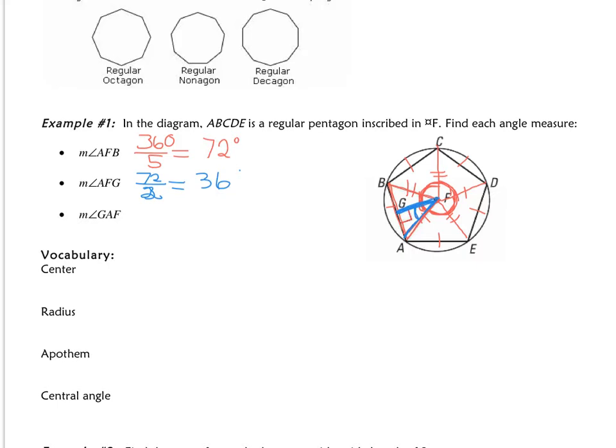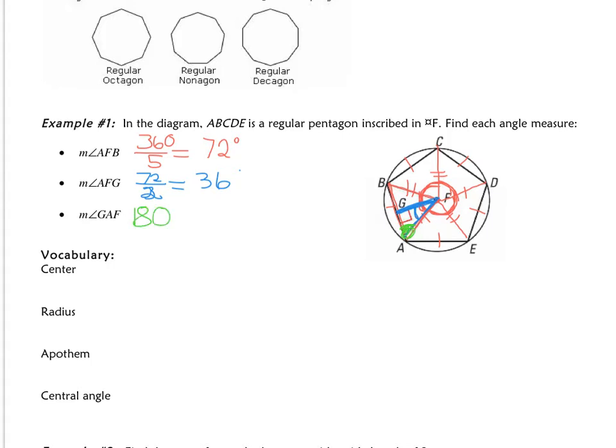The last angle that we're asked to find here is angle GAF. So that is this angle right here, the bottom angle of this little right triangle. So again, notice that it is a right triangle. I have that little blue angle that I found in the step above. It's 36, and then I'm looking for the green one. The angles of a triangle add up to 180.